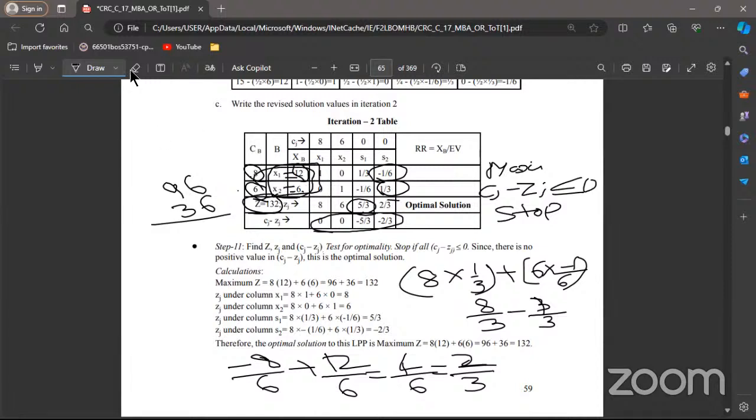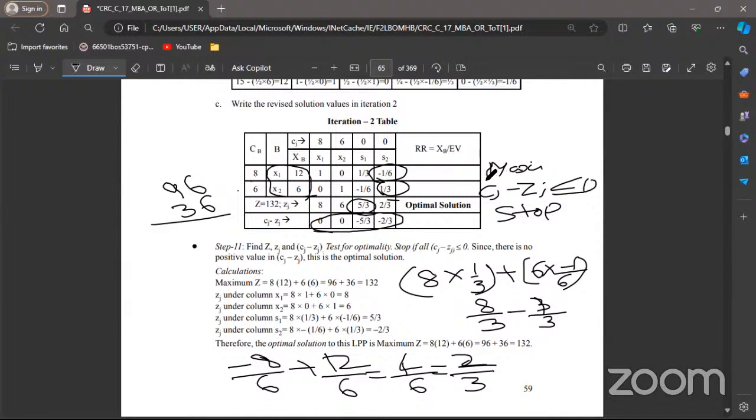Here. You will find the solution here. This is your solution. Yes or no? Did you understand?